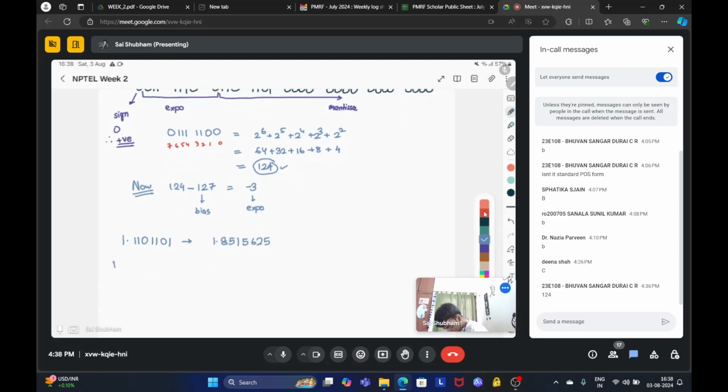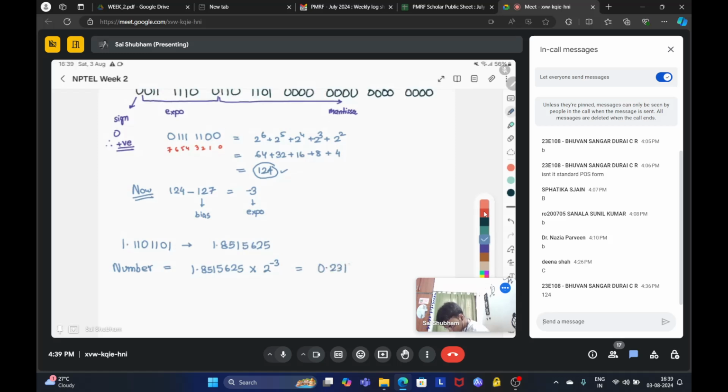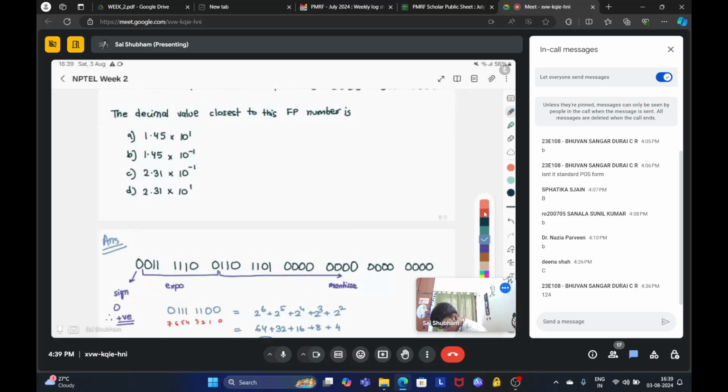Okay, so our number is 1.8515625 into 2 power minus 3, which is equal to 0.231445, or 2.31 into 10 power minus 1. So the answer is C.